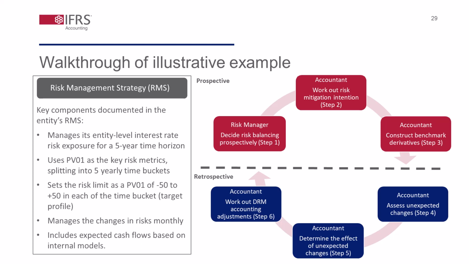In step 4, accountants assess any unexpected change towards the end of the period, and that will be used to determine the effect of unexpected change, which is step 5. This is finished off by step 6, in which accountants work out the DRM accounting adjustments.